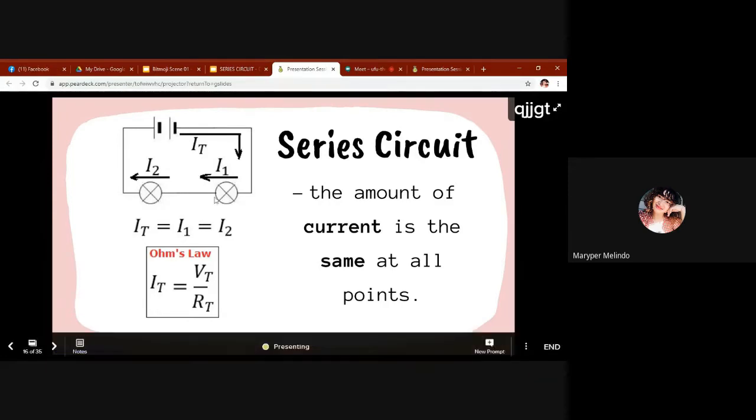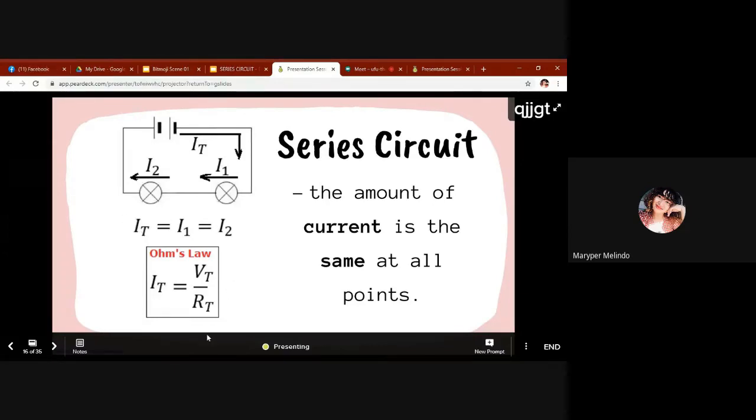Yung value ng current 1 is the same with the value ng current sa bulb 2. Parehas lang. So kapag si current 1 ay merong 10, dapat sa bulb 2, yung current doon ay meron 10 din. So the total current should also be 10. Pare-parehas lang sila. Okay? Why?